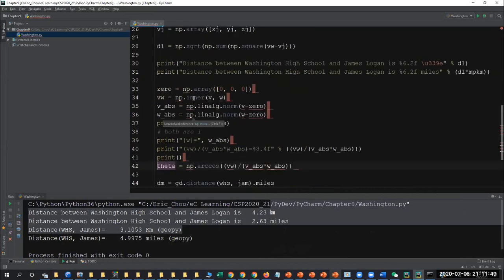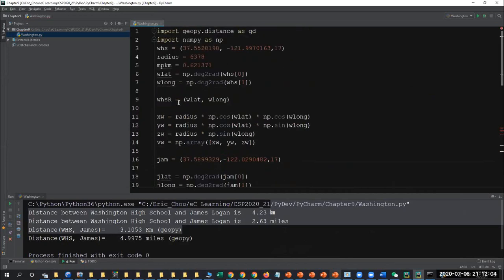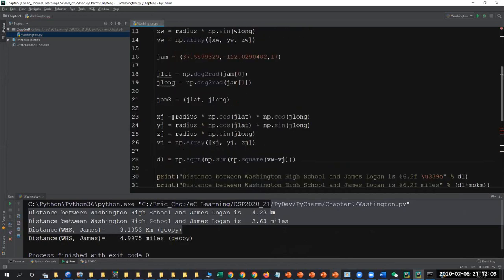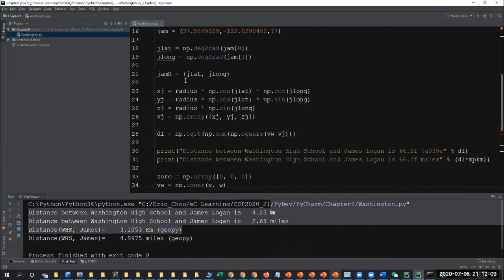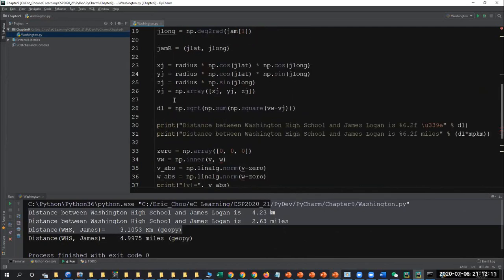So here we have NumPy. Let me delete the wrong symbol at the end. Okay, over here we have the last vector. We have the vector Vj and the Vw.